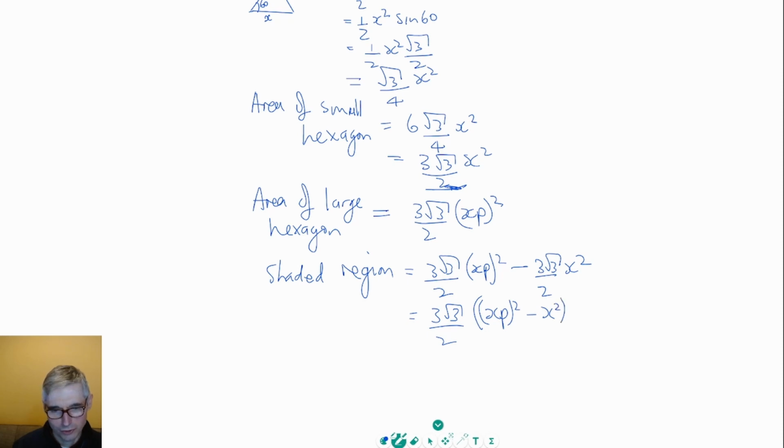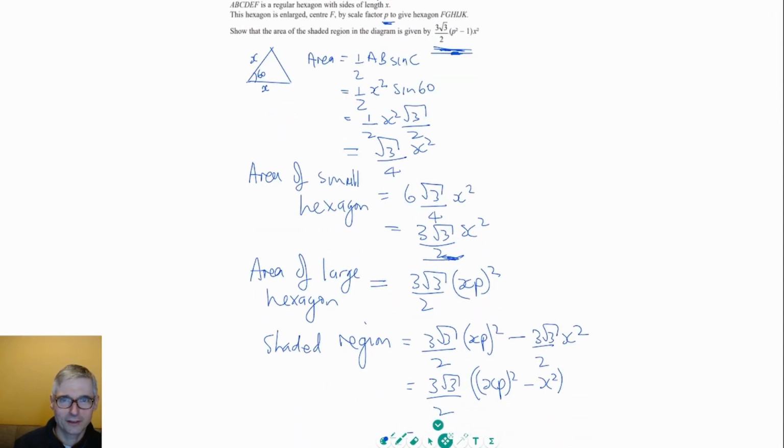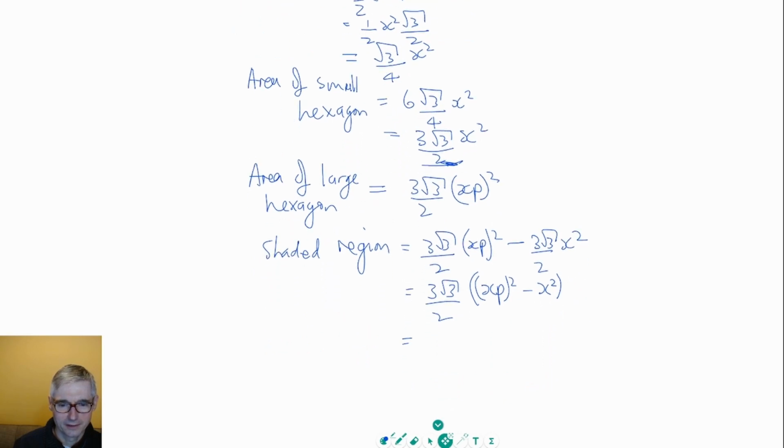We're trying to make it look like p squared minus 1 times x squared in a bracket. Keeping the 3 root 3 over 2 at the front, I square out the xp, so I get x squared p squared minus x squared.